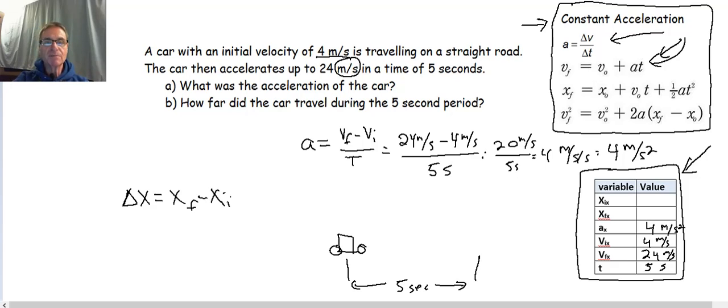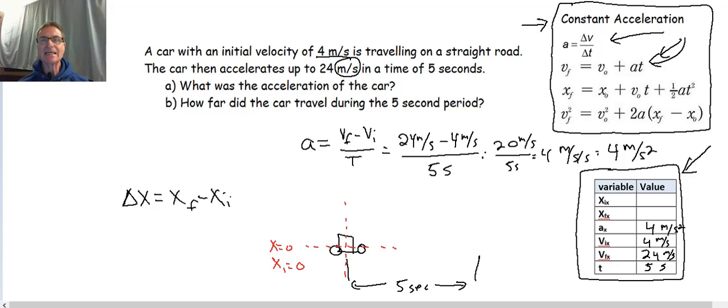Well, remember that I can choose my coordinate system to be anything that I want. So I'm going to choose my coordinate system where my car initially, at time equals 0, is at x equals 0 position. Okay, so my x initial value is 0.